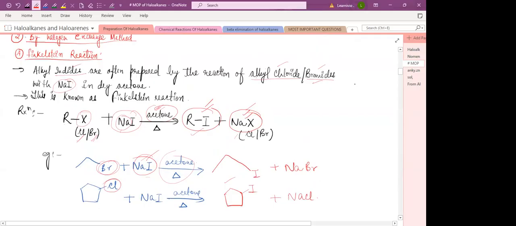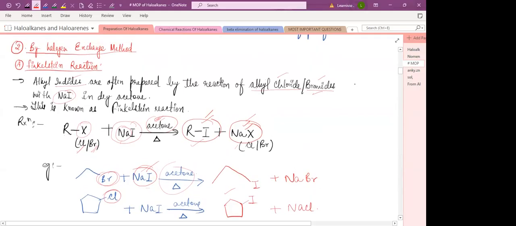That's the Finkelstein type of reaction, the halogen exchange method. Just remember you are supposed to exchange the halogen group, and in the Finkelstein reaction you will get alkyl iodide. So you can easily write the product. Okay, now write this.